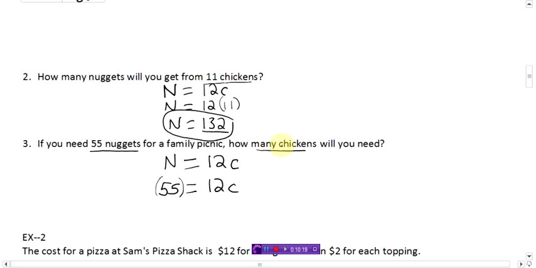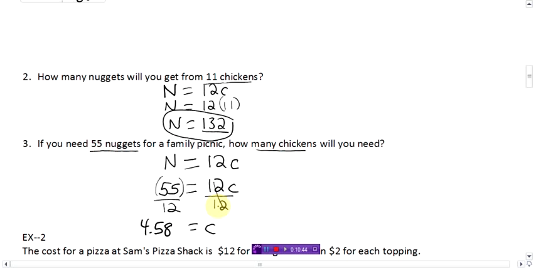I want to figure out how many chickens we're going to need. Well, there's the C. We want to get it by itself. What's bugging it? The 12. 12 is multiplying it. Divide by 12. Do the same to the other side. These are gone. The number of chickens that you're going to need is 55 divided by 12, which is 4.58 chickens.